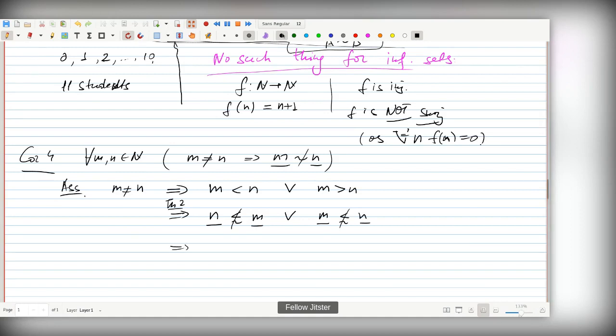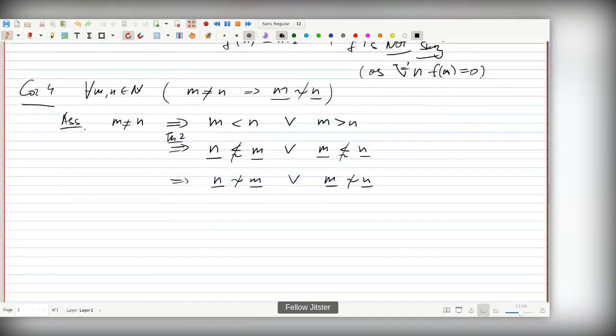But in neither case is a bijection possible, because if they were equivalent, there would be an injection, but there is none.